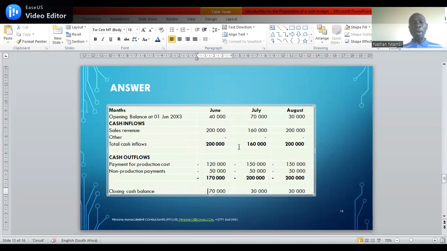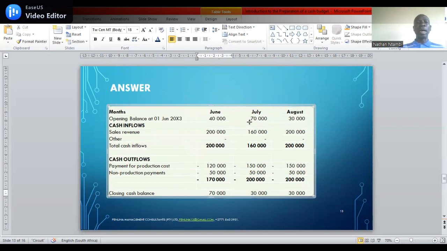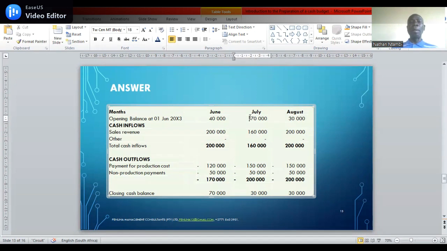Then it becomes the opening balance in July. When we calculate July, it is going to give us 70,000 plus 160 minus 200, which gives us 30,000. That becomes the opening balance for August, plus 200 minus 200, it remains 30,000. And therefore, our closing balance is 30,000.